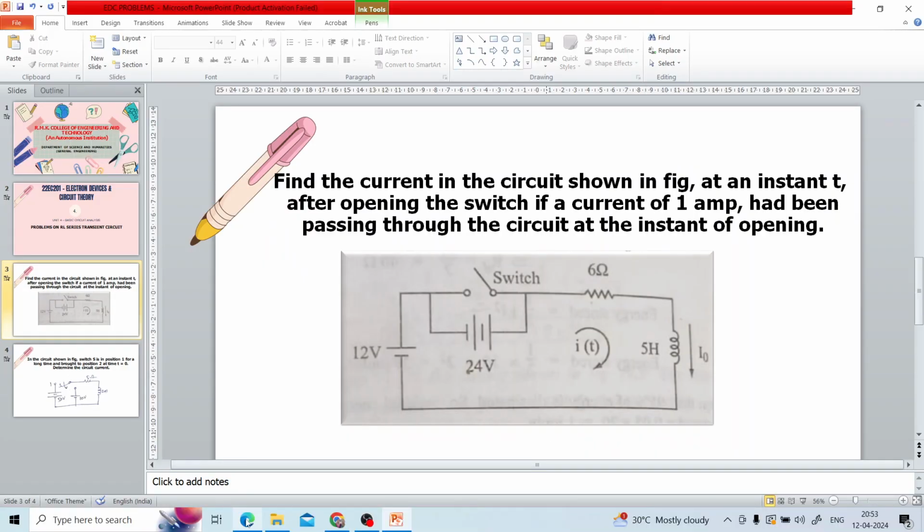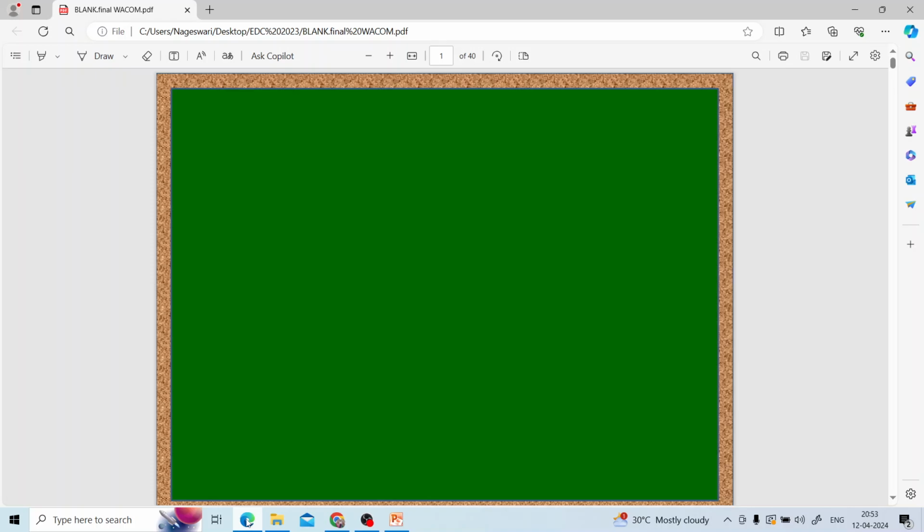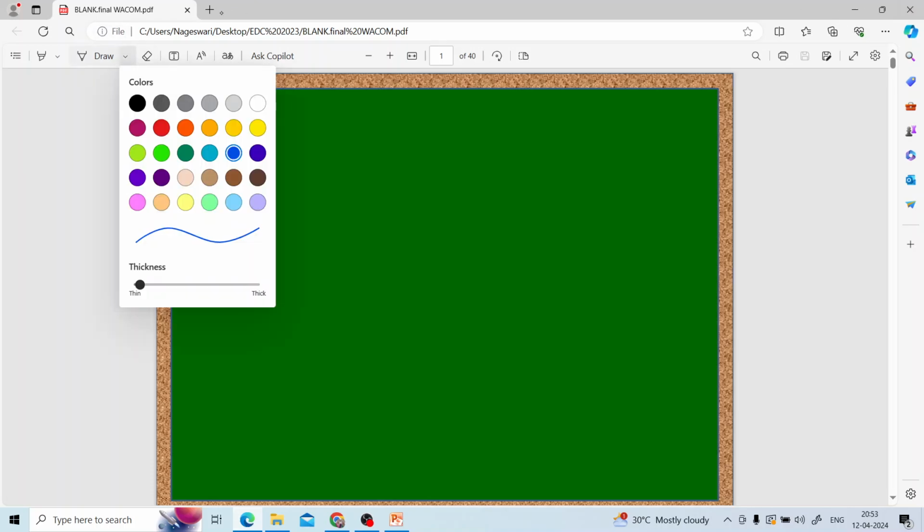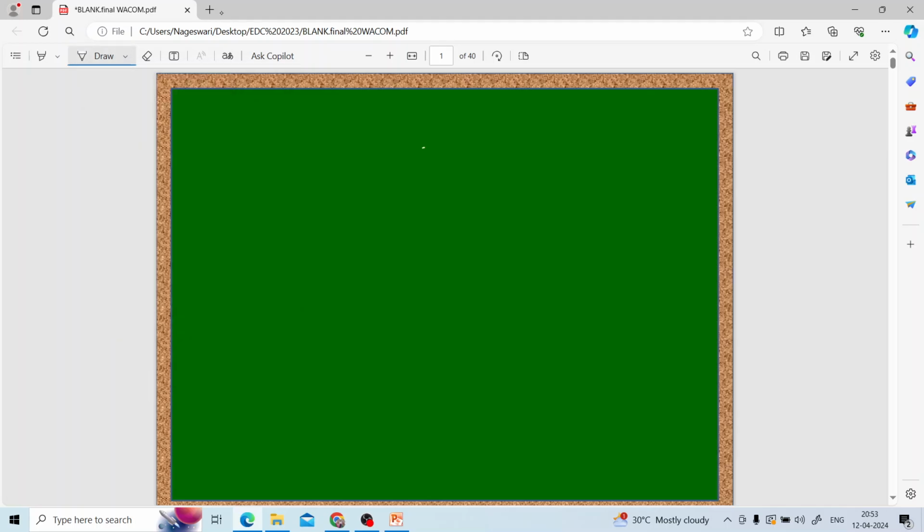Now let me solve the question. It is very simple. Apply KVL for the given circuit.